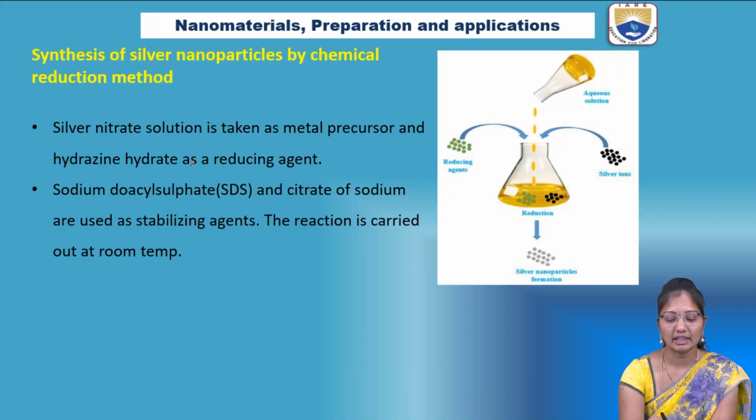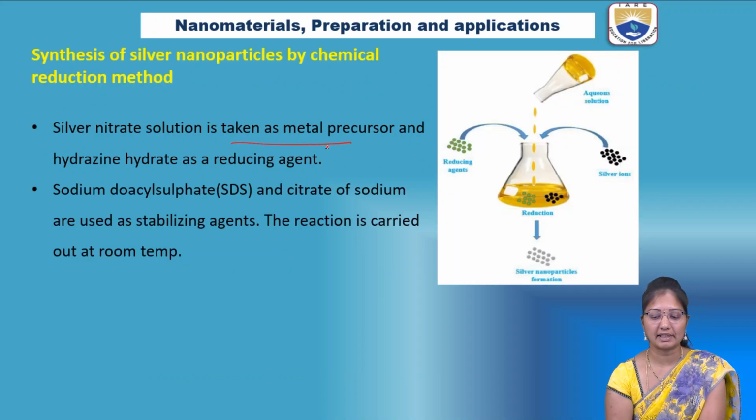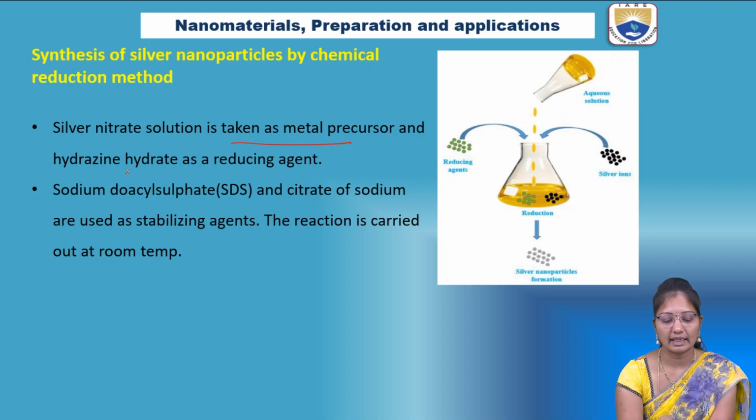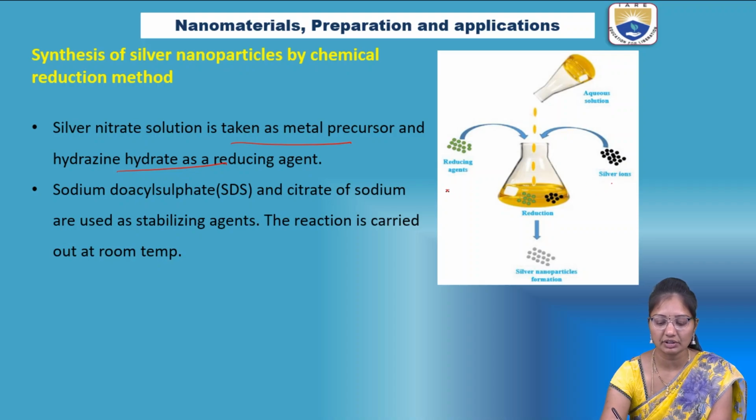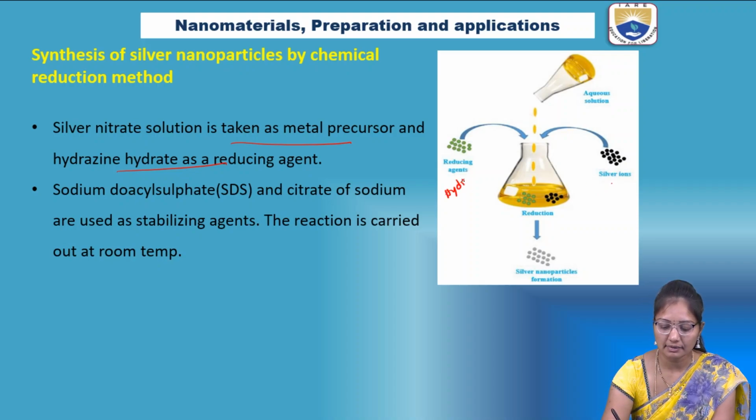And here, silver nitrate solution is taken as the metal precursor, and hydrazine hydrate as the reducing agent. Here we have to add the reducing agent to the silver ions. The reducing agent is hydrazine hydrate.